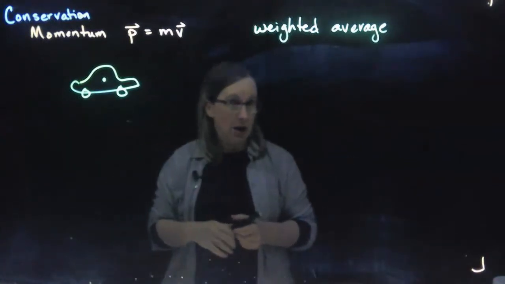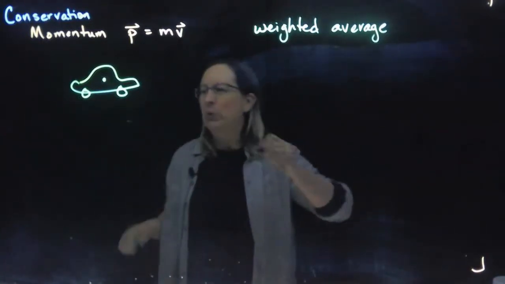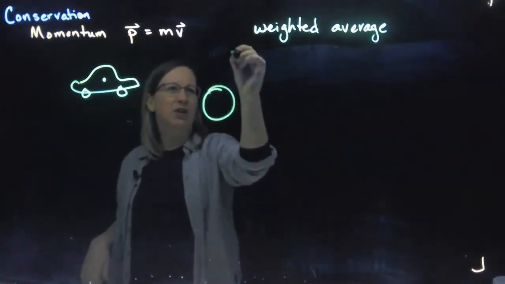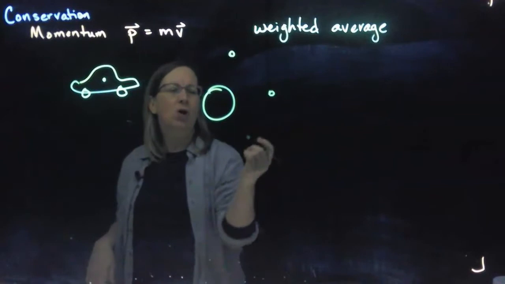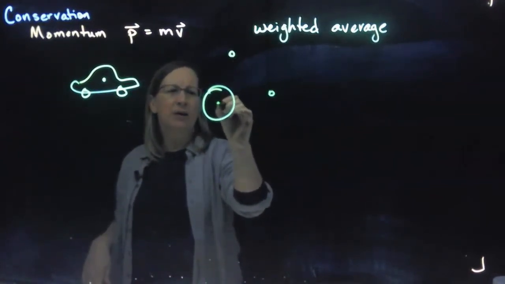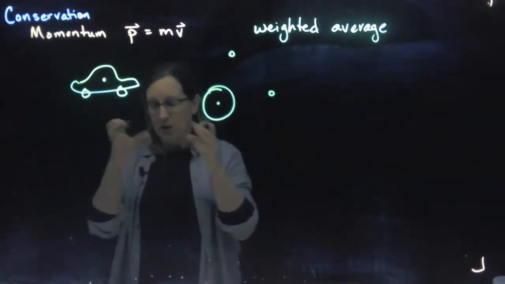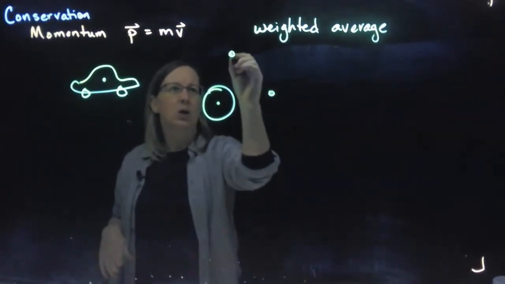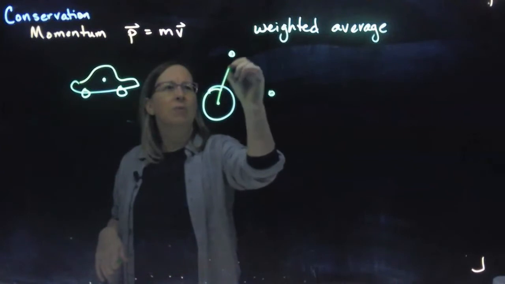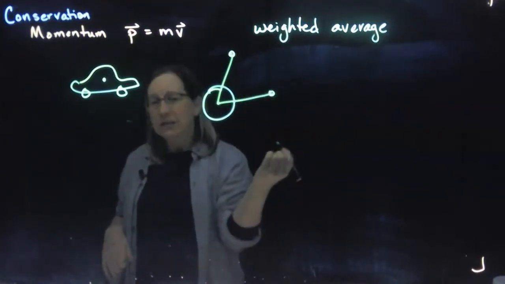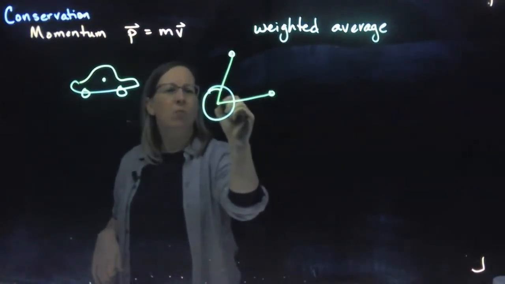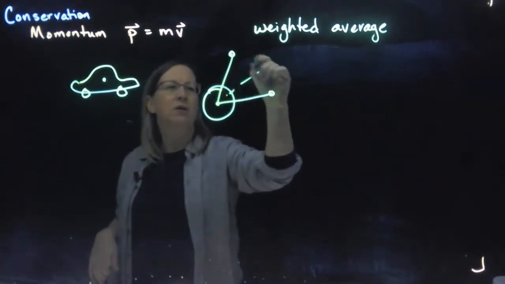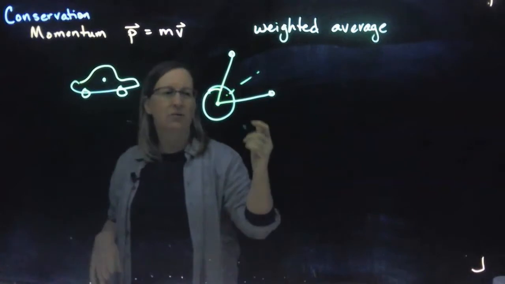So instead of something complicated like a car, we'll start with 3 objects. Like if I have an object that's fairly big, a small, and a small object here, the center of mass of a sphere would be right in the middle. That's sort of the central. So that would be the center of mass of each of the objects. But then if I wanted the center of mass of this system, then I would say it's somewhere a little off from center, sort of along the line, if these two are the same size, if they're the same mass.